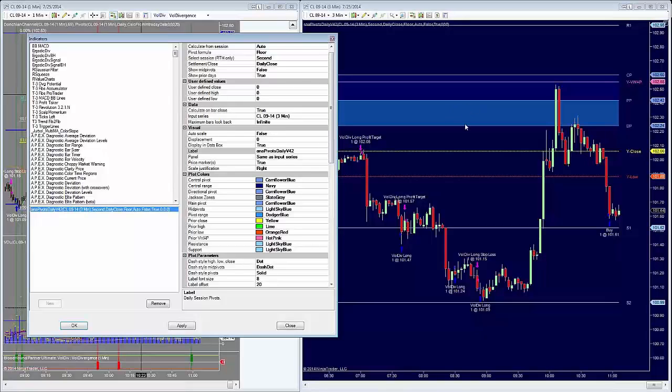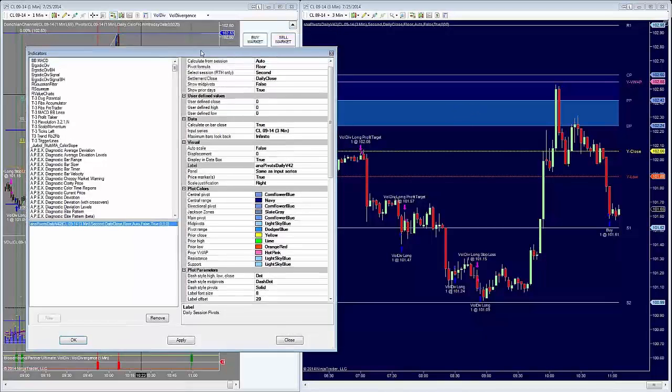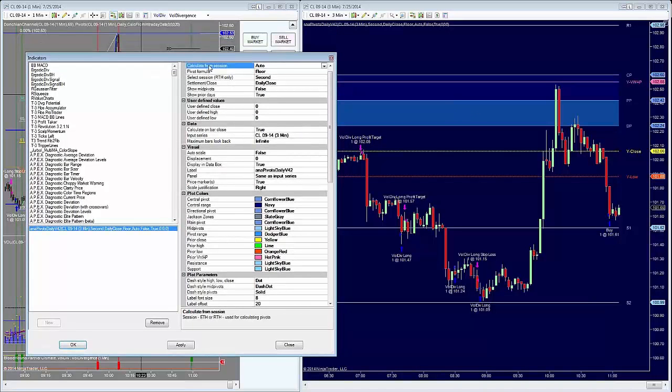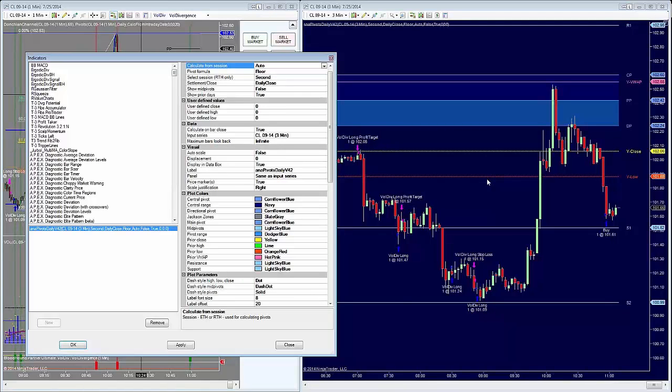All right, so what you can do is define which session you want these pivots to be calculated from. So think about this for a second. If we're looking at, let's say, the ES or the TF or the NQ or the YM, the U.S. equities futures, what do we want to use for our session to calculate the floor trader pivots?